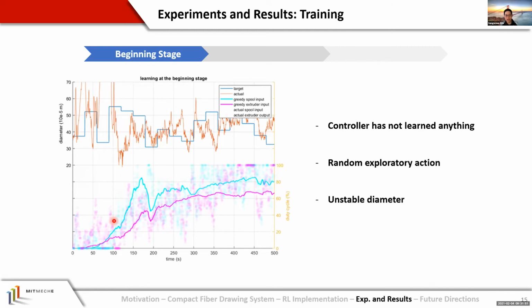The light blue line is for the motor's duty cycle, and the pink line is for the preform feed rate. This figure shows the very beginning of the training process. Since the agent hasn't learned anything yet, it just takes some random exploratory actions, and you also see that the diameter is very unstable.